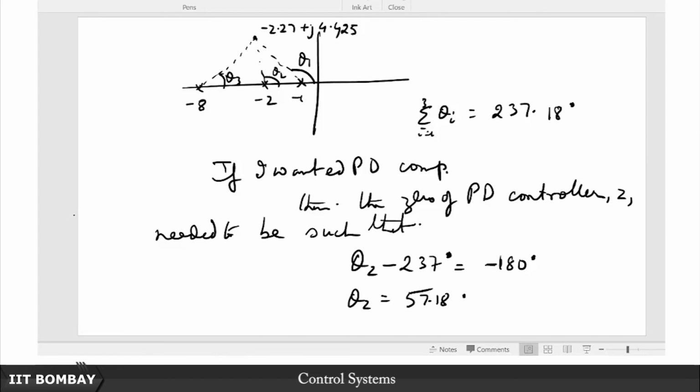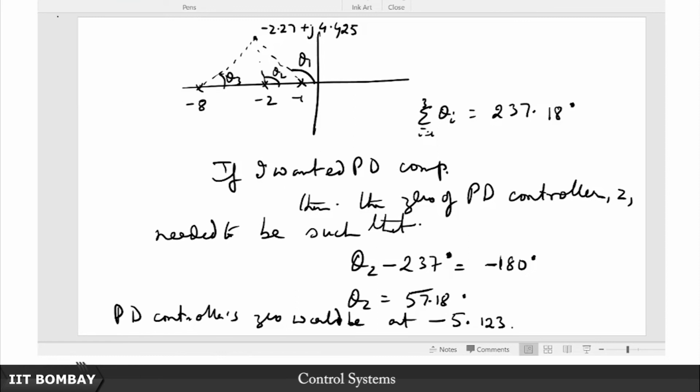But remember, I am not trying to design a PD controller, I am trying to design a lead compensator. So I have this flexibility of placing this zero because I know that there is a pole. So if I compute this, the PD controller's zero would be at minus 5.123.